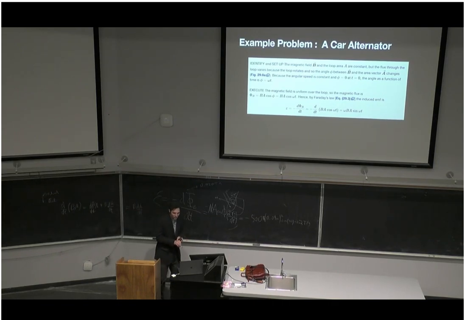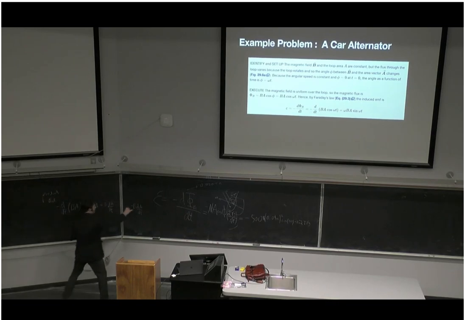And then what's that change in area? Sorry, there should be a minus sign in front of both of these, actually. It's not plus, it's minus because there's a minus from here. So minus d by dt of B A, minus dB by dt A, minus B dA by dt. Okay, so then we've got minus B, and then we said it was oscillating.